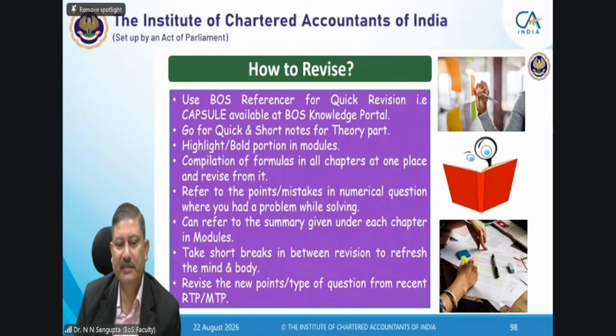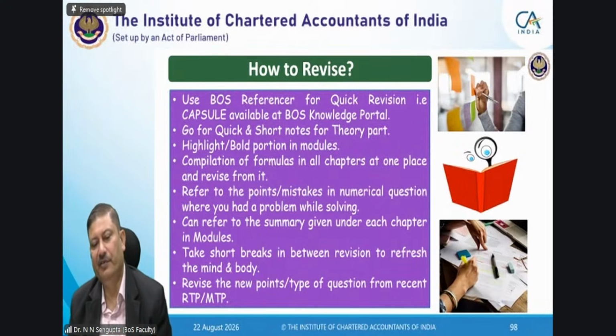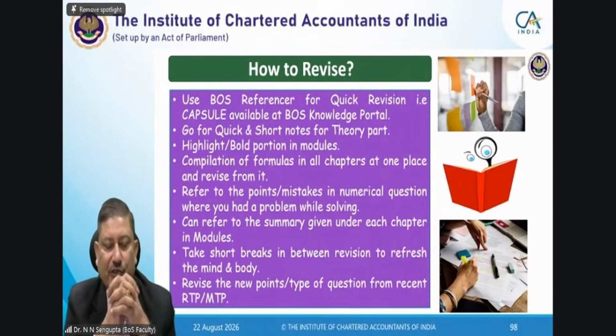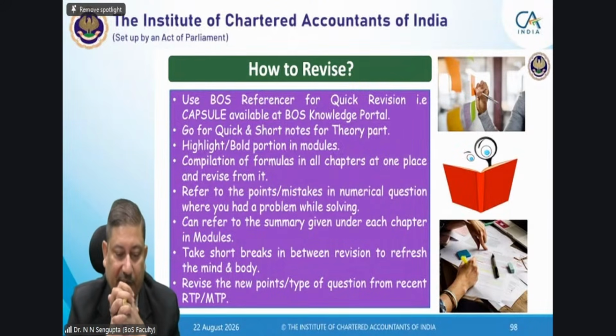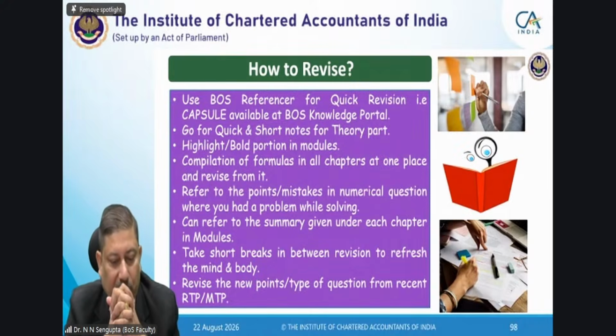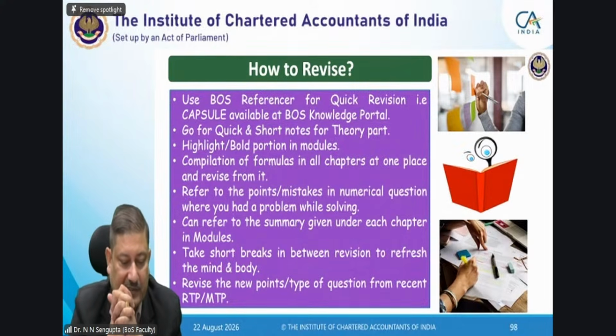How to revise? Obviously, there are quick revision capsules, which are known as sarans. Go for quick and short notes which you have prepared over a period of time. Highlight bold portions in the module or wherever you have written. Compile the formulas and conceptual understanding.